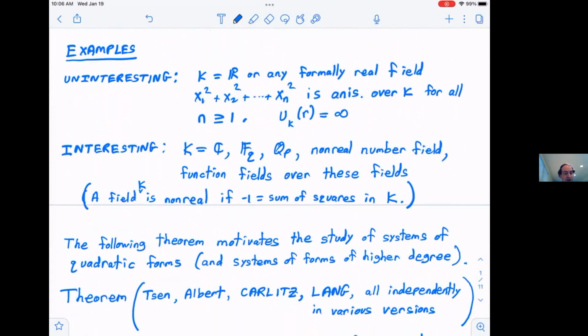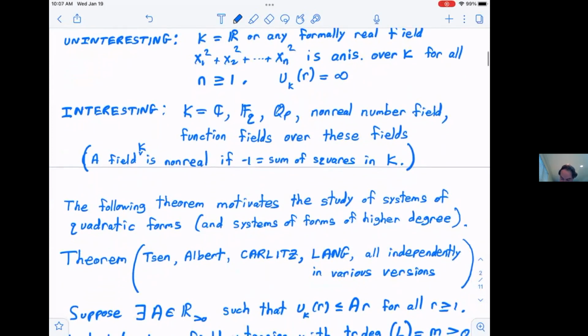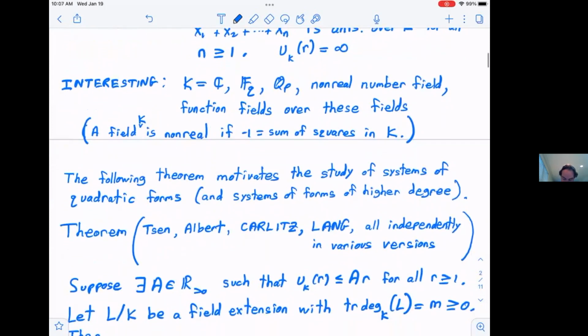Sen in the 1930s, A.A. Albert in the late 1930s, Kaplansky in the late 1940s, Lang, most famously in his dissertation around 51. They were all proved independently in various versions, at various levels of generality. So what I'm about to state, you really couldn't find anywhere in the literature, but it all comes from these people here. And it says the following.